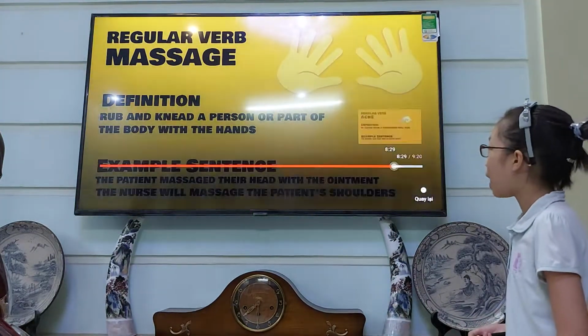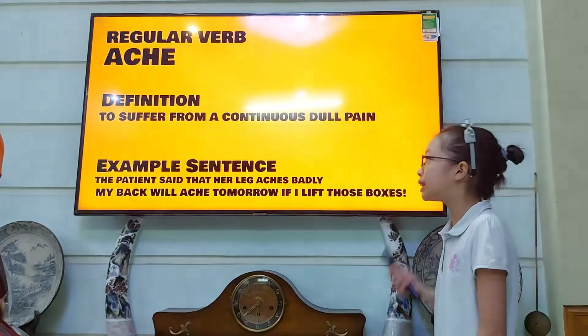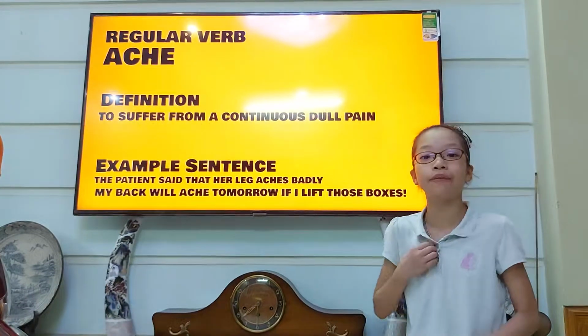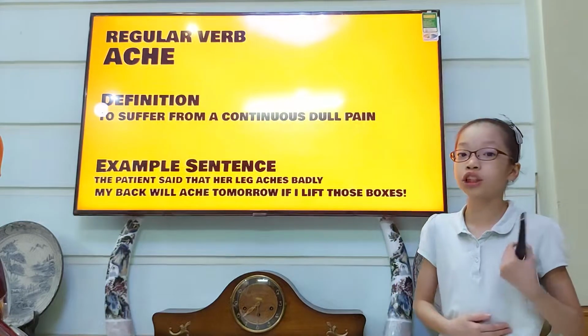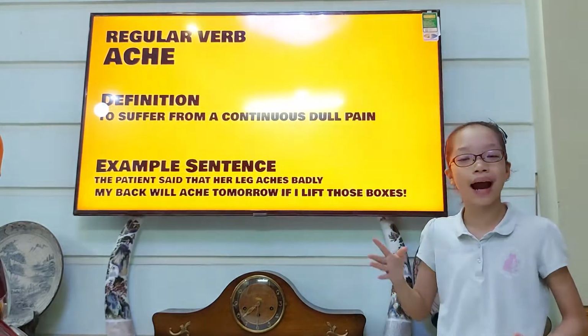And we have our next word, which is ache. Ache: to suffer from a continuous dull pain, you suffer from it for a long time. For example, you have definitely heard the words stomachache, earache, sore throat, or any kind of ache.